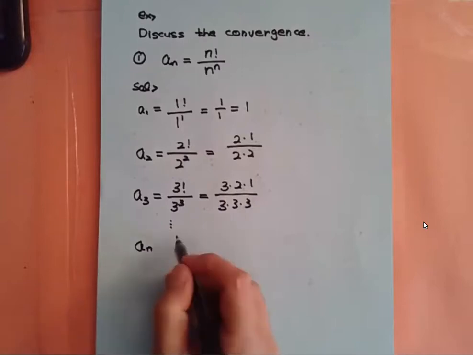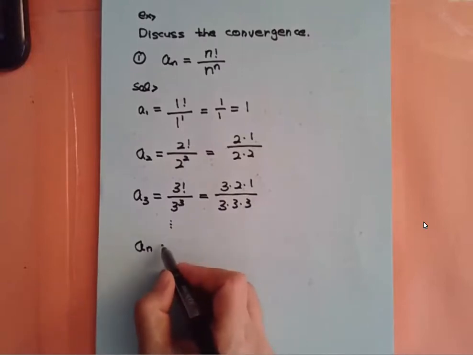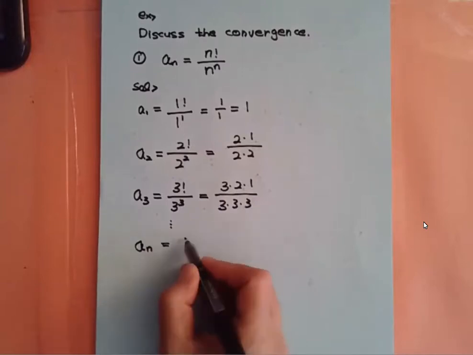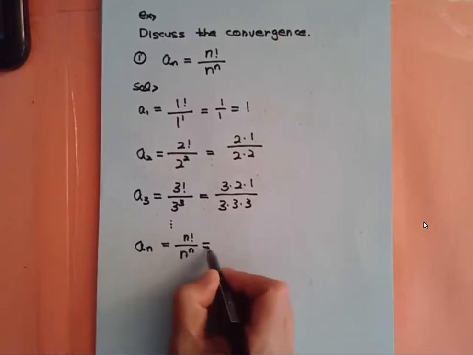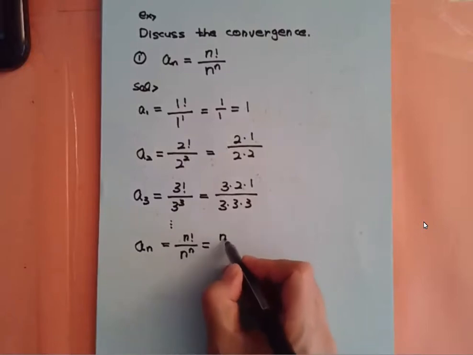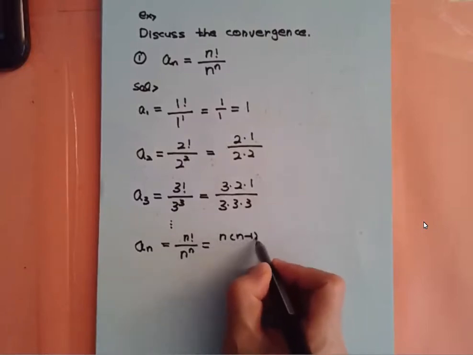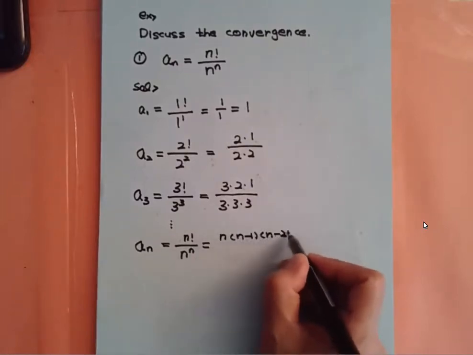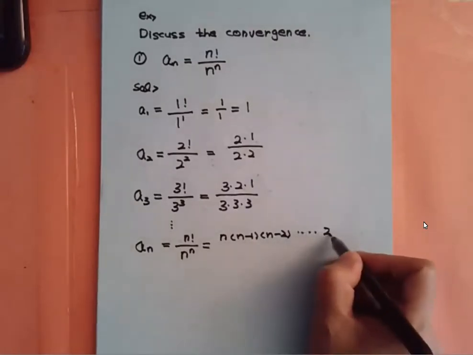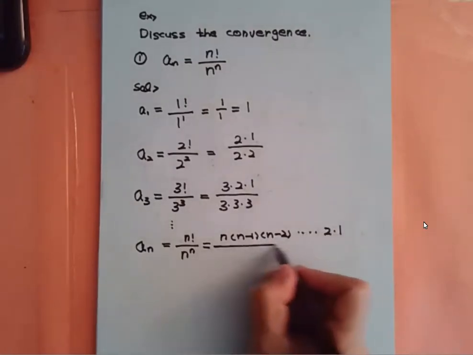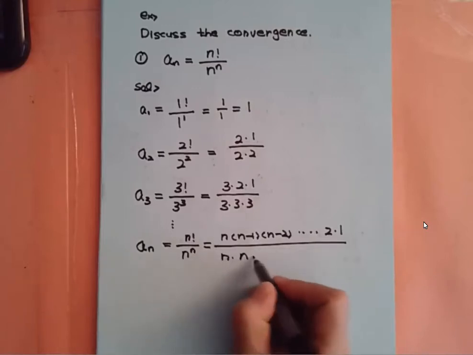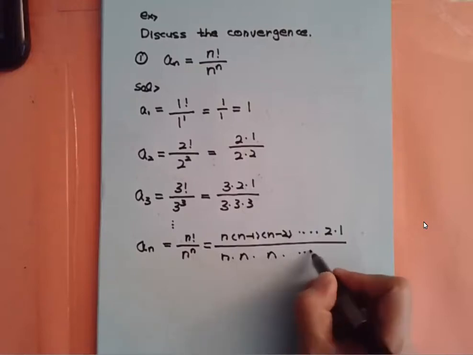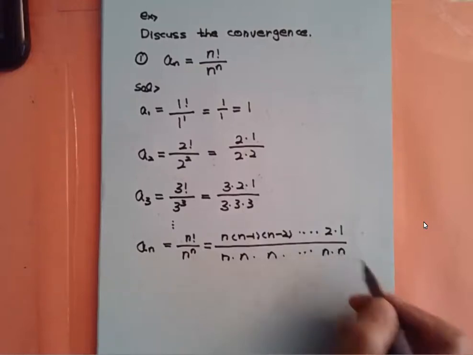If we state the general term, then a_n is n factorial over n to the n power. So it goes like n times n minus 1 times n minus 2 times ... times 2 times 1. So n to the n power is n times n times n times ... times n.